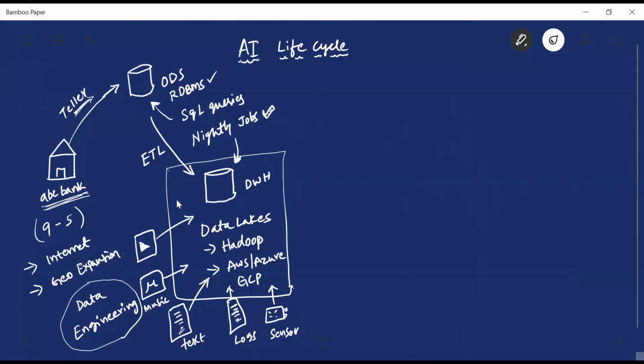Now, once the data is available in the central data lake, in the form of textual data, video data, image data, and also structured data, the first set of techniques is visualization, which is called exploratory data analysis.